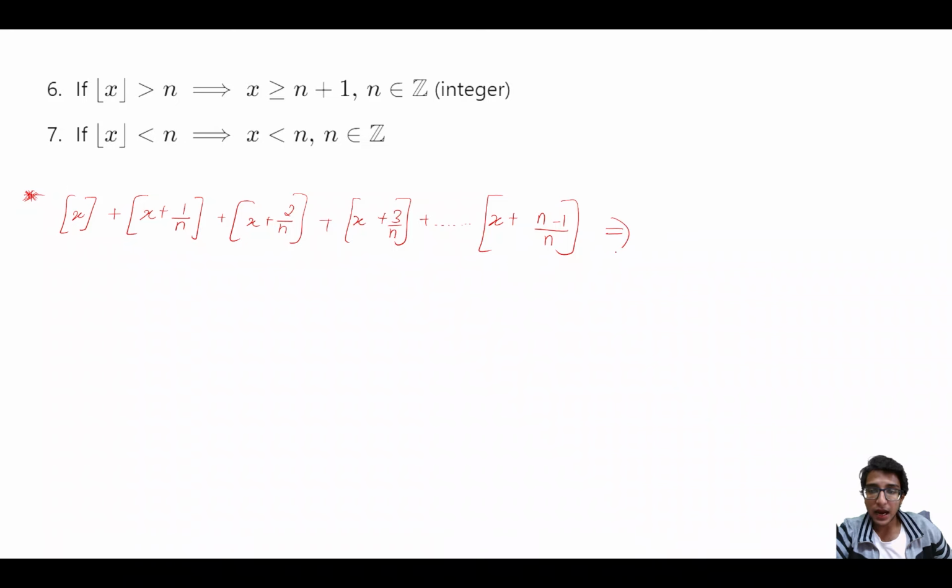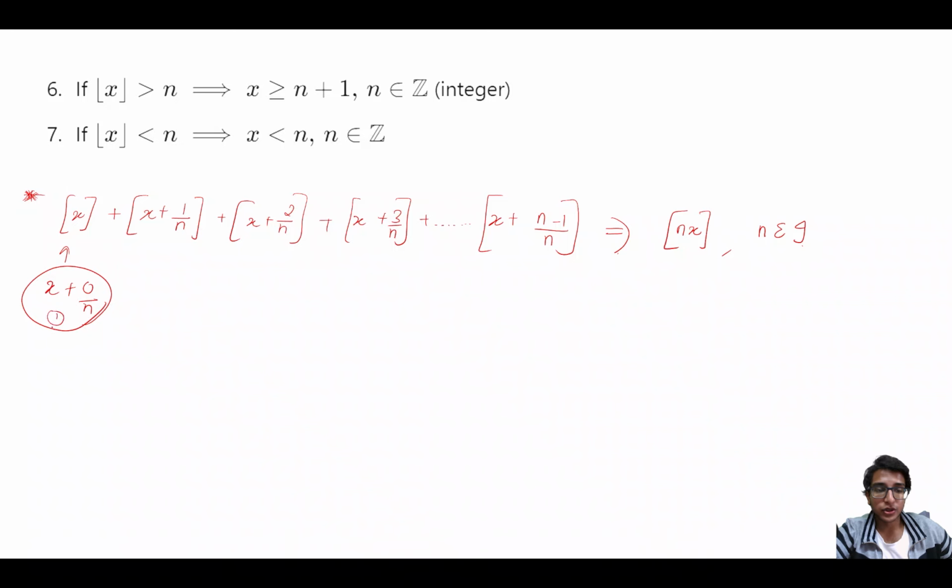So what would be the answer for this? You can directly write it down as n into the greatest integer function of x, where n belongs to the integers. So keep this in mind. Now, if you look at the number of terms in this entire series, here we had x plus 0 by n in this position, so I have to count this as 1.